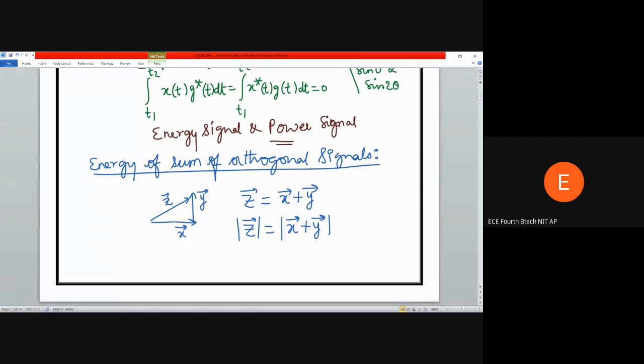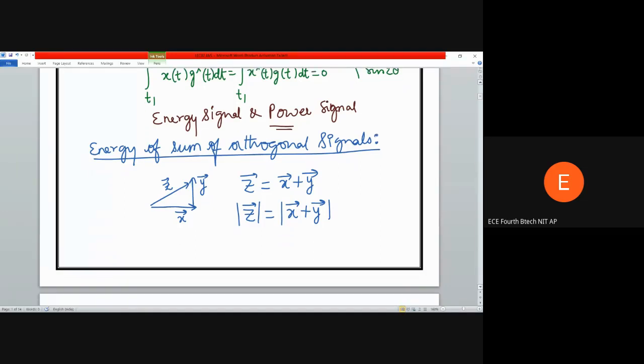As per the Pythagoras theorem, mod z bar square is equal to mod x bar square plus mod y bar square. This is what Pythagoras states.